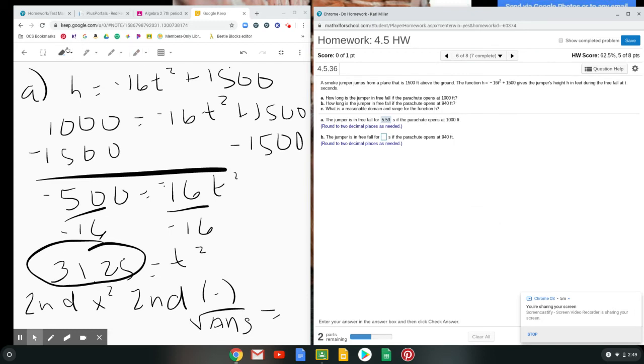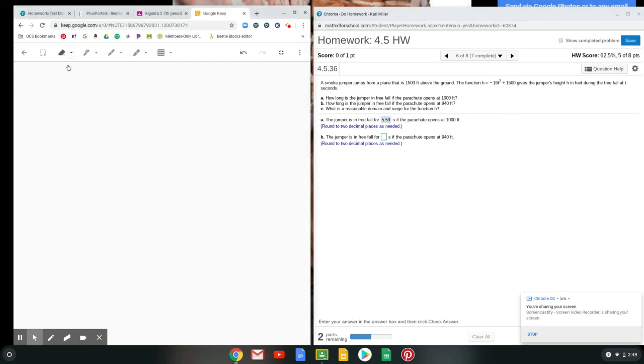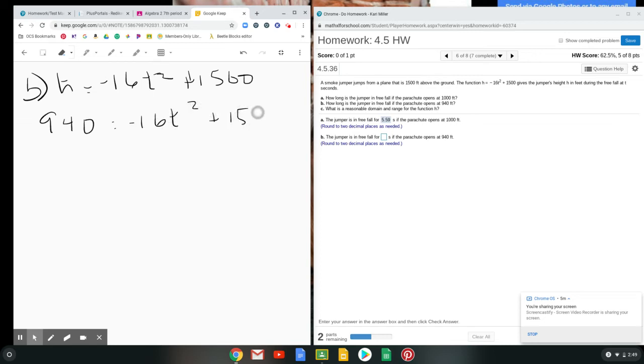Okay, on this part, we're going to do the same thing. We're going to take that same formula, h equals negative 16t squared plus 1500. And this time, h is 940. And then we're going to subtract 1500 from both sides.